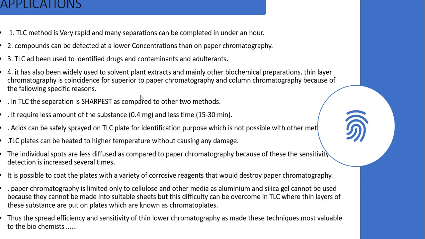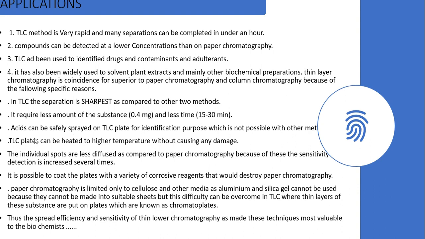And TLC is superior to paper chromatography and column chromatography because of the following specific reasons. The first, as I told you, it is the sharpest method when compared to column and paper, and it requires a smaller amount of sample, that is substance, and less time also.